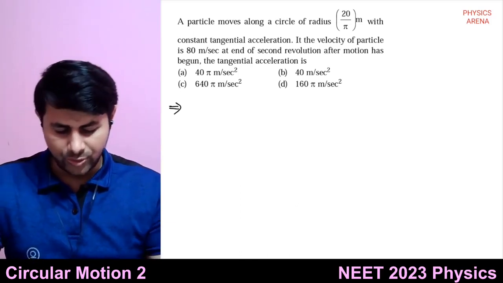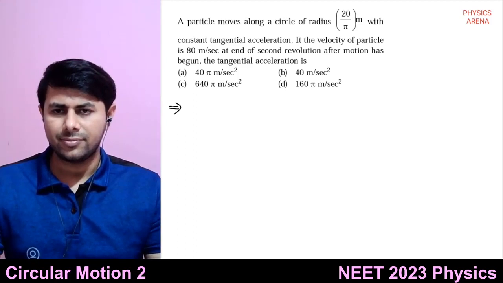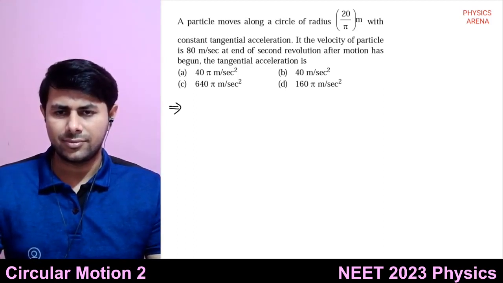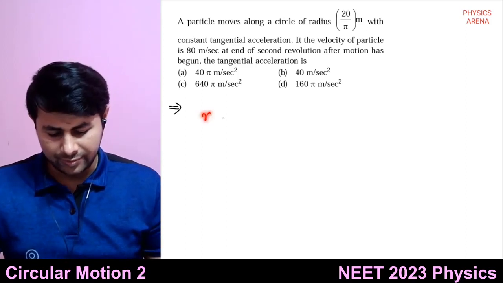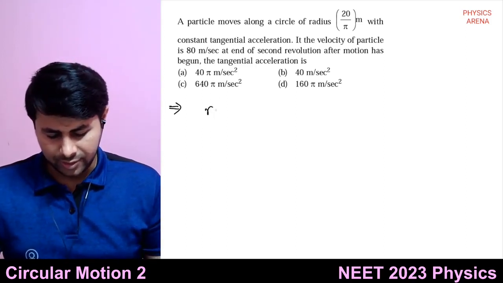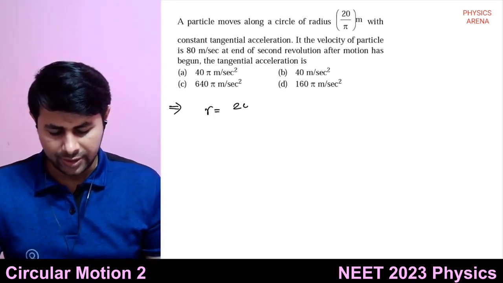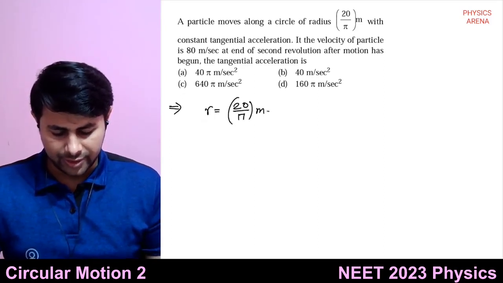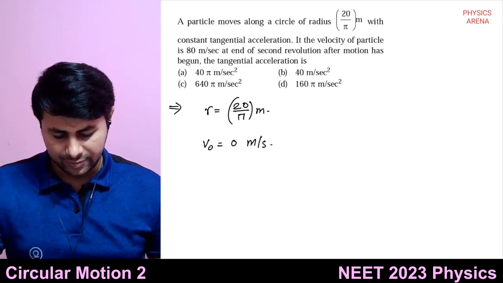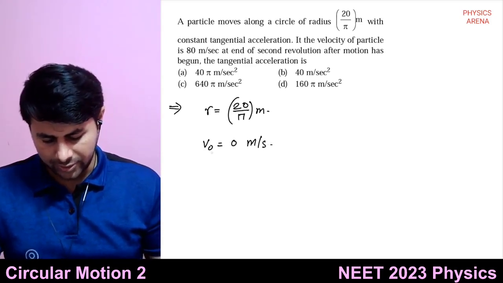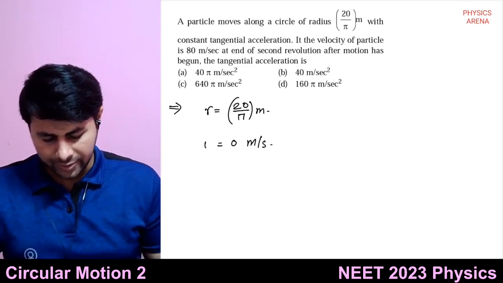So which formula will you use? You are given r, the radius, which is 20 by pi meters. The initial velocity is 0 meters per second, or let's call it u only.